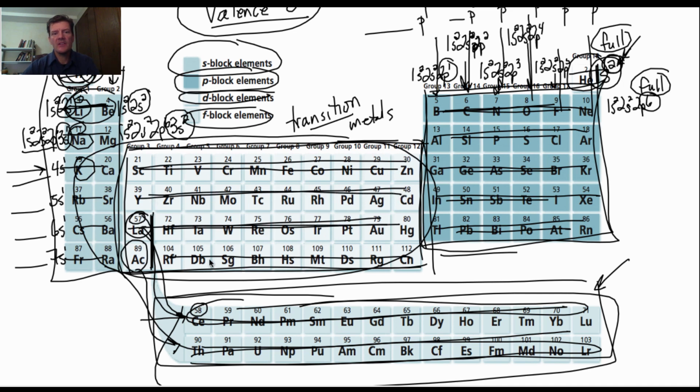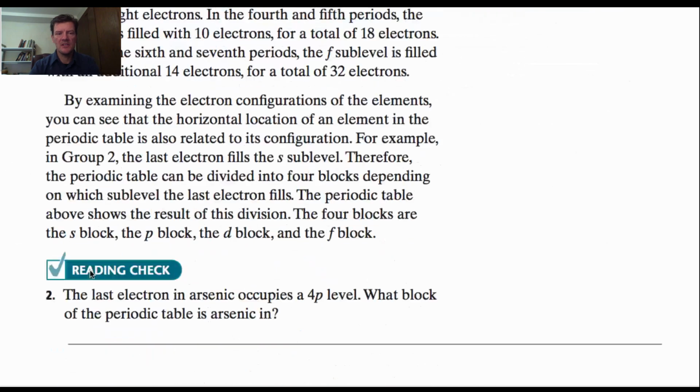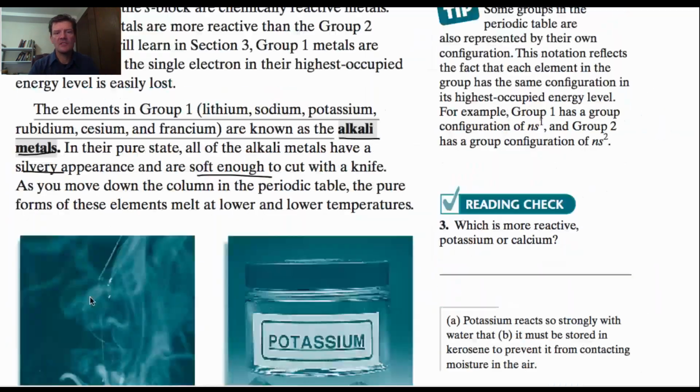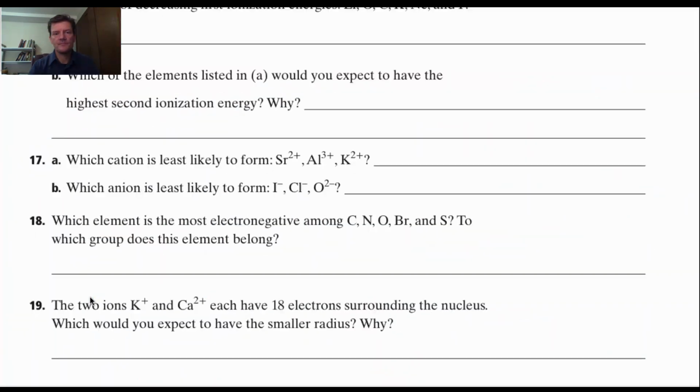This is 5d. This is 6d. And the f orbitals are going to be 2 less than the row number. This actually is 4f, my fault. 4f in the 6th row and 5f in the 7th row. Okay? So it's an unfortunate naming. It's a little confusing, but that's how it works out.